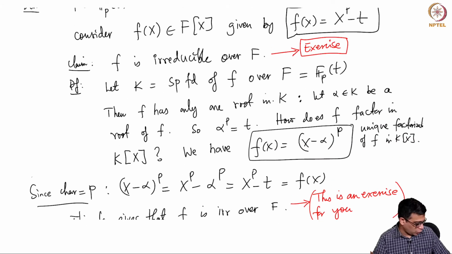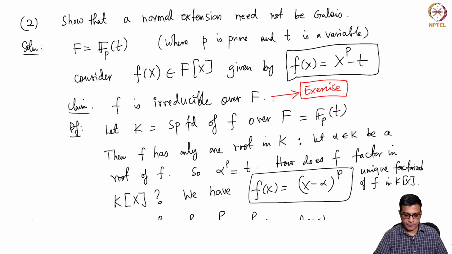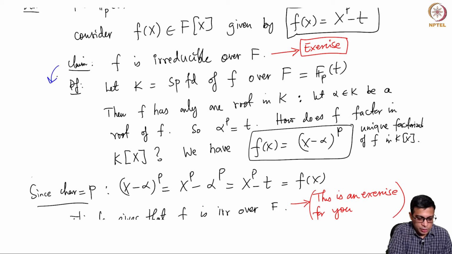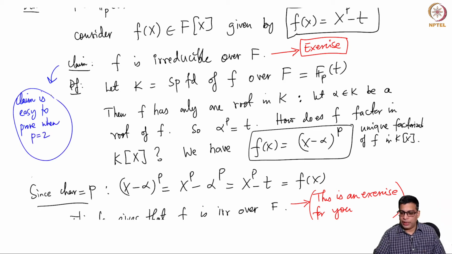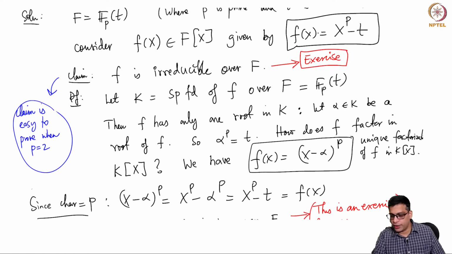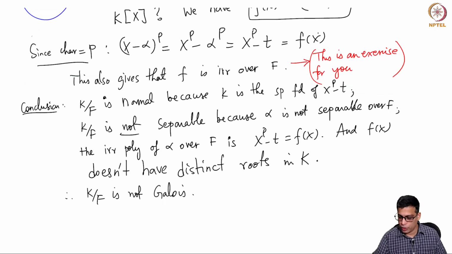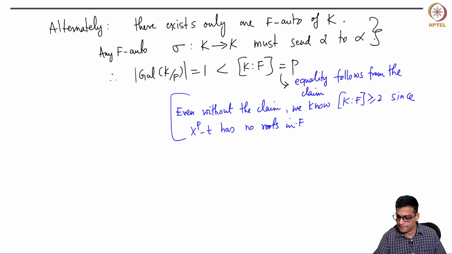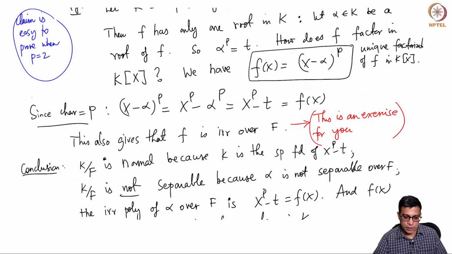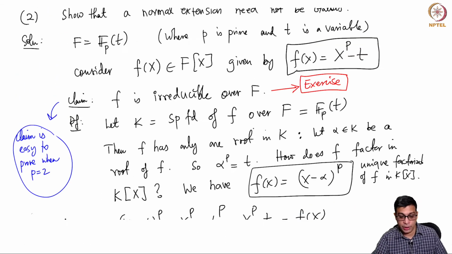And finally, before I move on to the next problem, let me remark that the claim is easy to prove. When p is 2, this is a degree 2 polynomial, and a degree 2 polynomial is irreducible if and only if it has no roots. So it has no roots is an easy statement, and that is enough to conclude irreducibility for p equal to 2.